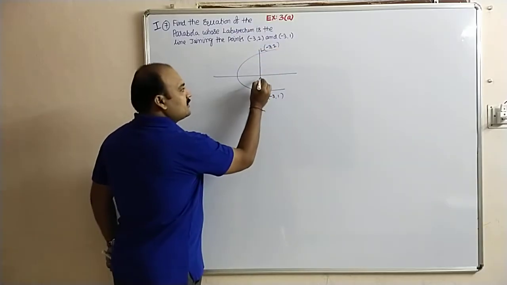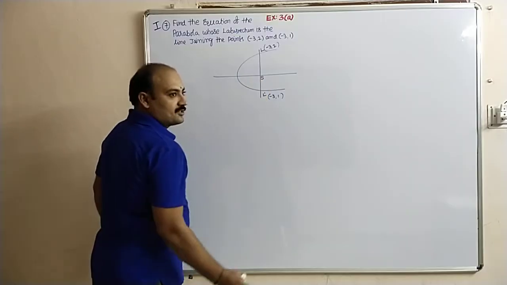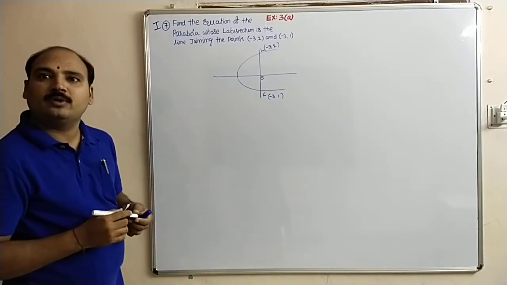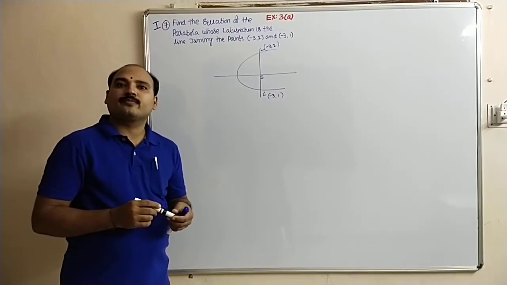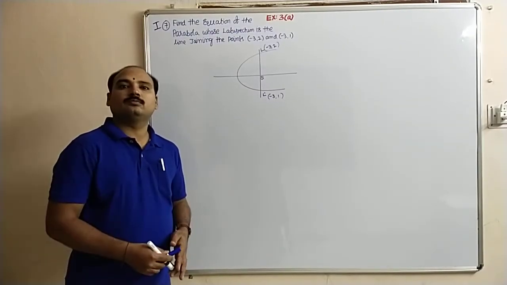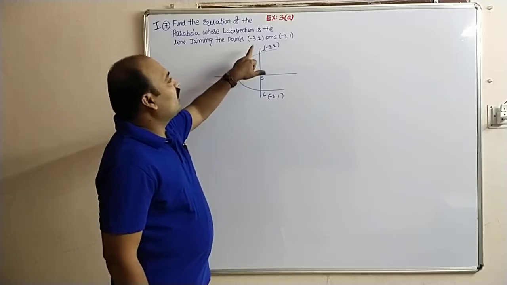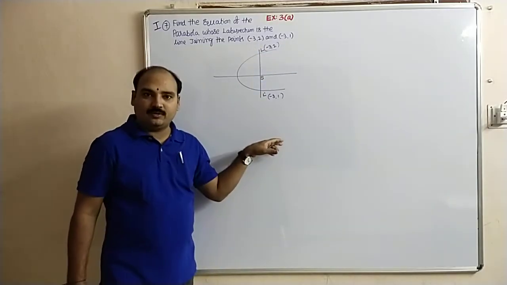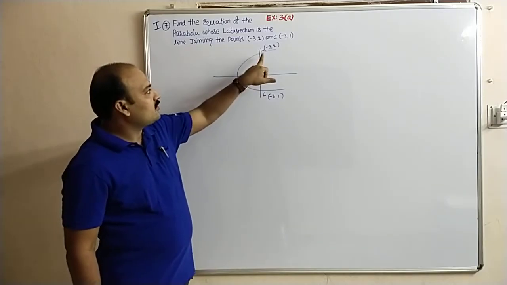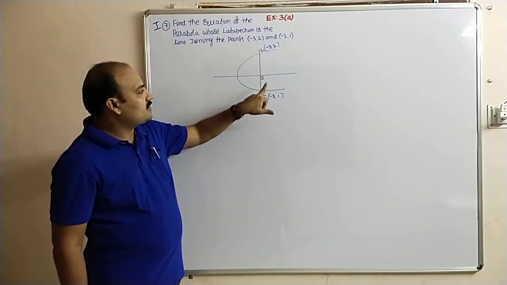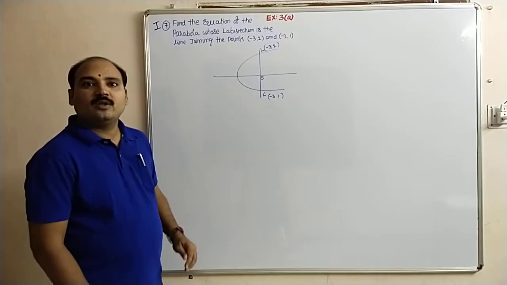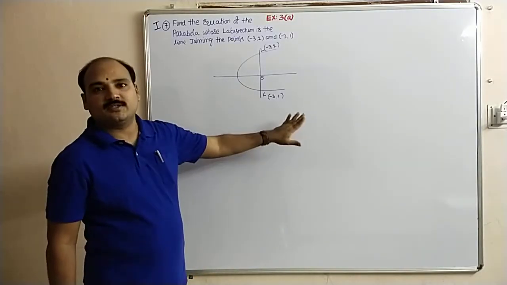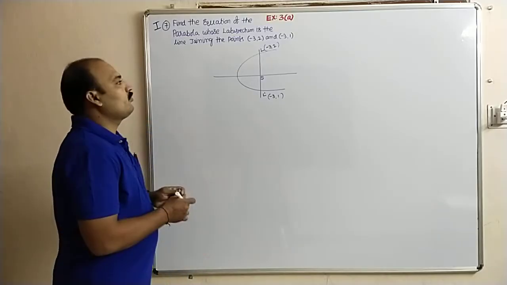We know that S is the midpoint of L L dash. And here one more important thing you have to remember. Since x coordinates of L and L dash are equal, whenever x coordinates of the ends of the latus rectum are equal, the axis of the parabola is parallel to x axis. You have to remember that thing.